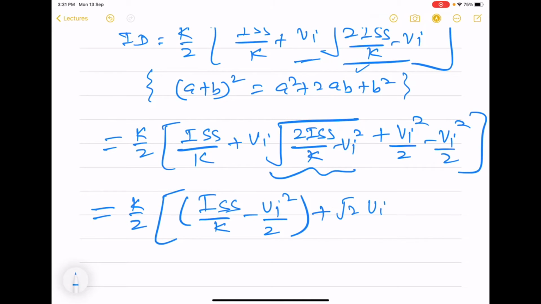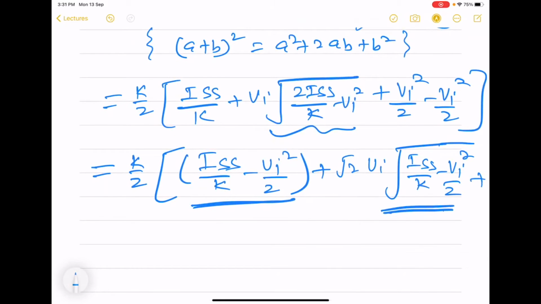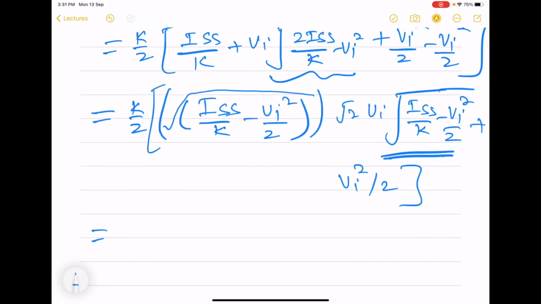So we get square root 2 into vi into ISS by k minus vi squared by 2. So we can see that now this factor is the square root of this factor, and plus vi squared by 2. So this first factor can be written as square root 2 and whole squared, like this.